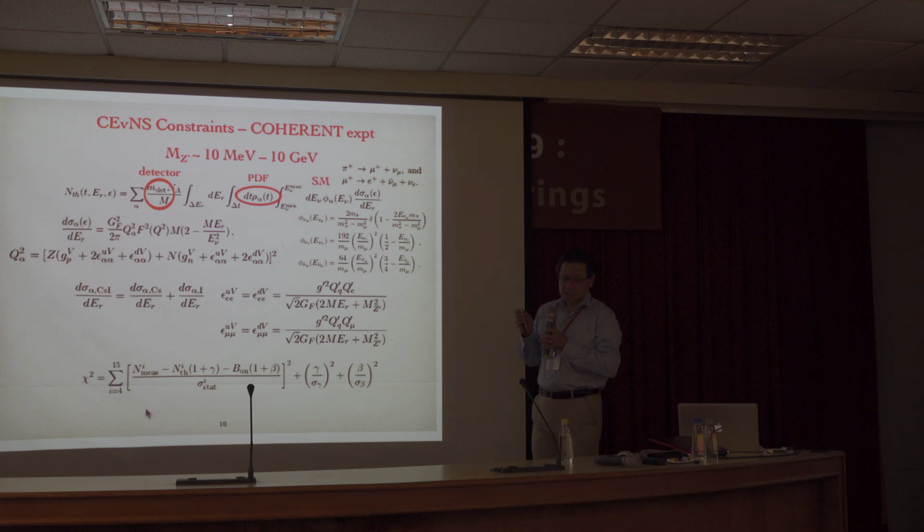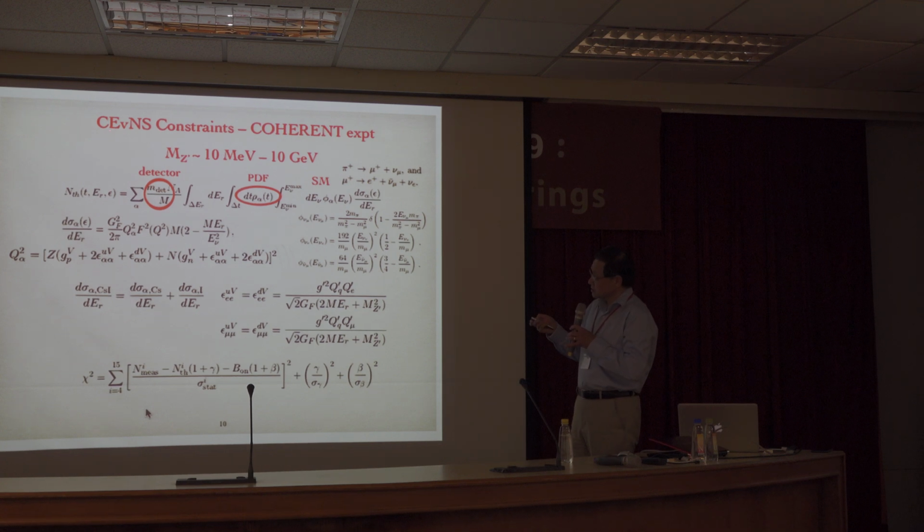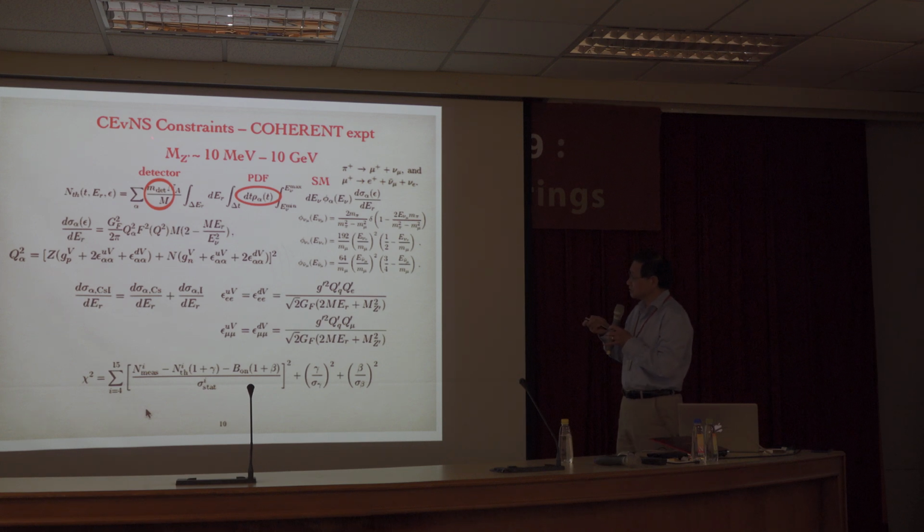Beyond these simple neutrino oscillation measurements, we include the most recent COHERENT experiment. The COHERENT experiment is usually named by the CEvNS, read as 'sevens', a generic name for coherent elastic neutrino-nucleus scattering.